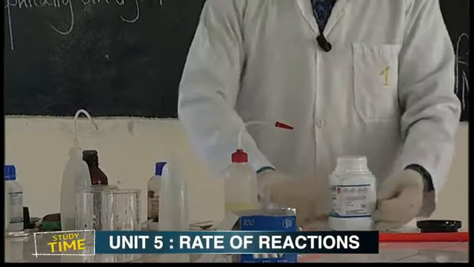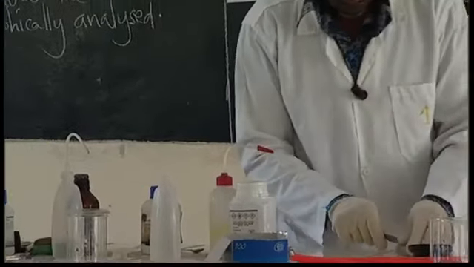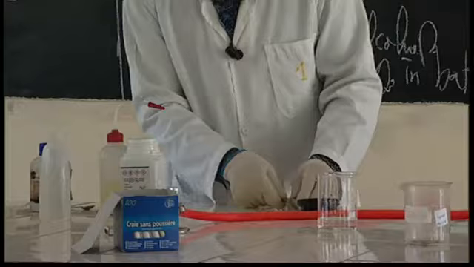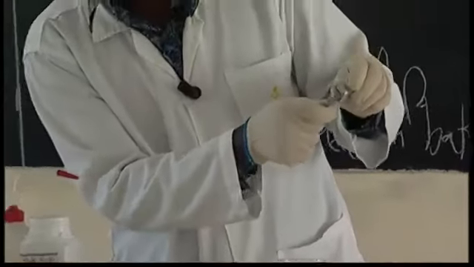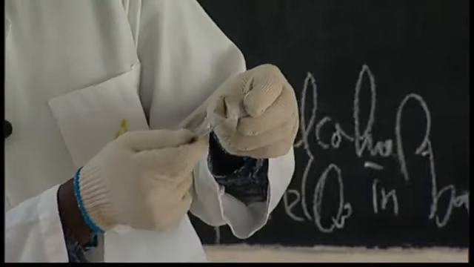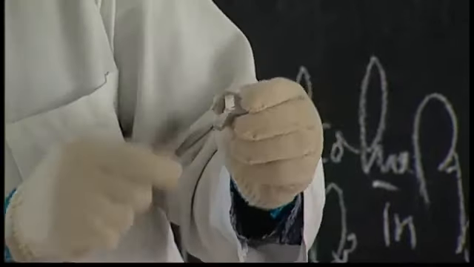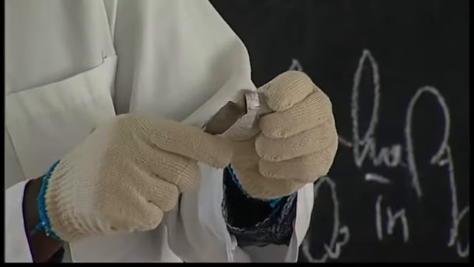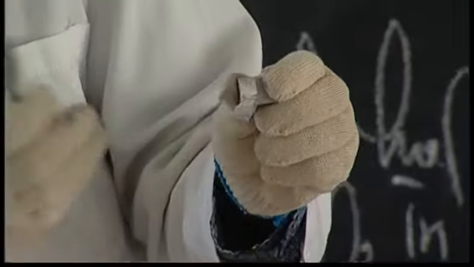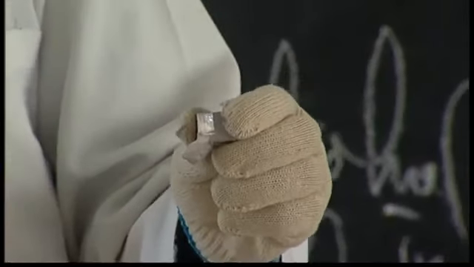So I'll get a small piece of the sodium metal and I cut it. When you look at the sodium metal, it is very soft and shiny. That is one of the characteristics of the metals, the shininess. But the shininess disappears when you look at it properly, because it is exposed to air.